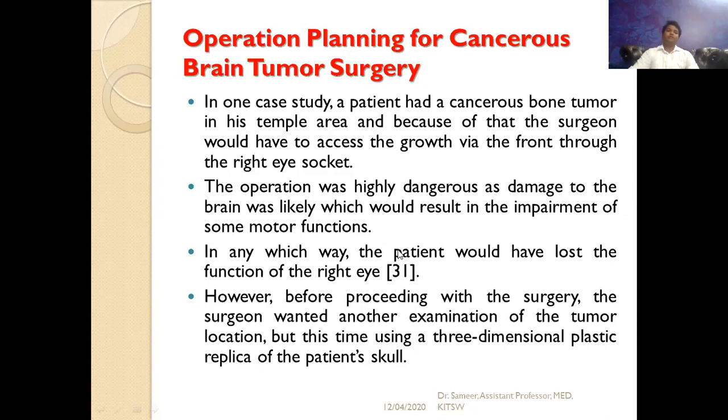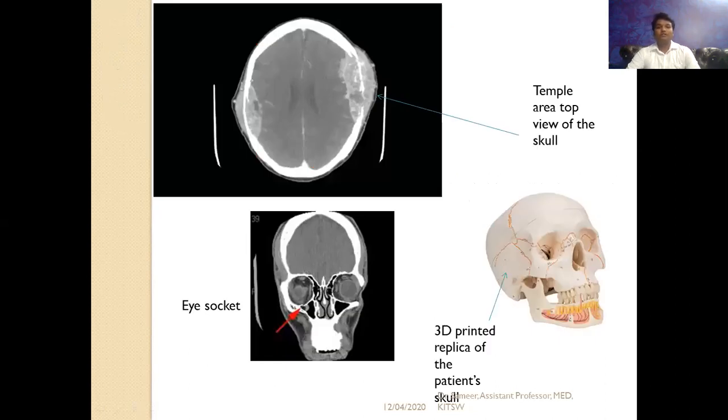So here we are talking about an operation planning for a cancerous brain tumor surgery. If you can see, there was a patient who has a tumor in his left temple side area. So these are called the temples. The patient had a tumor in his temples, whether left or right.